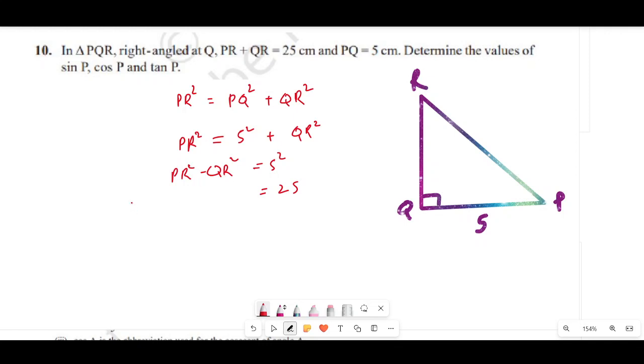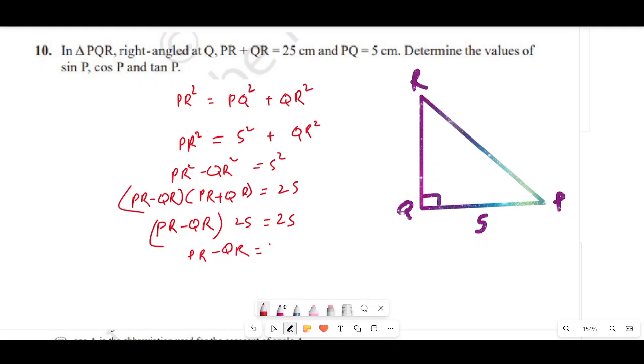PR minus QR times PR plus QR, with the use of the formula. PR plus QR is given as 25 centimeter, so PR minus QR will be 1. Then we can write PR minus QR as 1. Clear? And we have the information about PR plus QR.